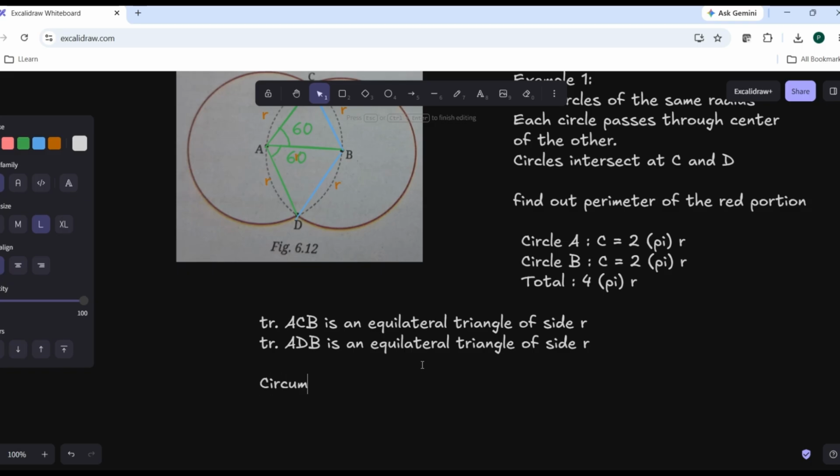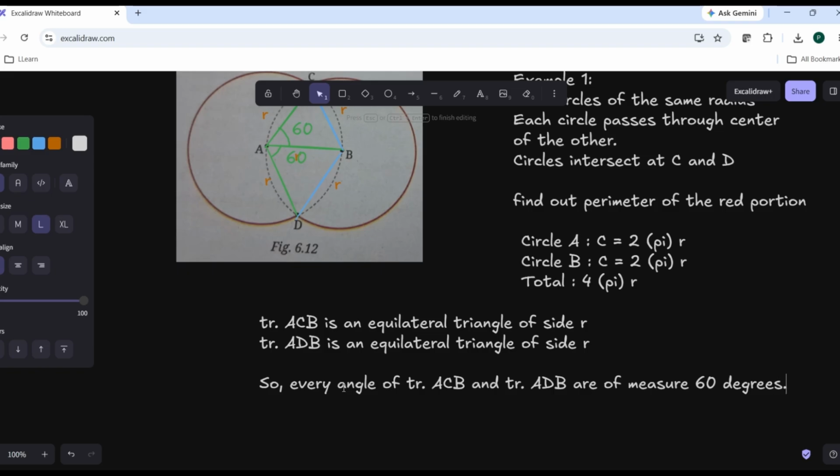Before that, I'll write that these two are equilateral triangles. So every angle of triangle ACB and triangle ADB is of measure 60 degrees, right?